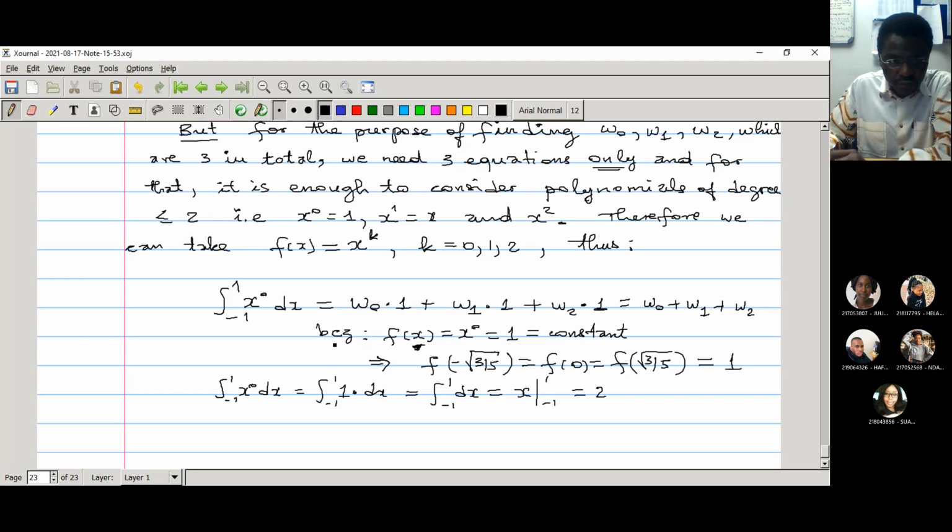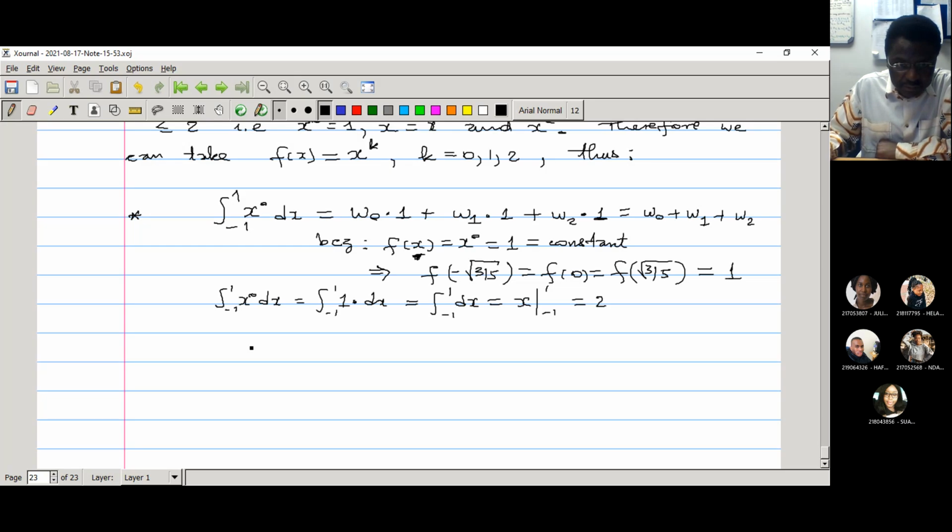Therefore, for this first case, we obtain this system: W0 plus W1 plus W2 is equal to that integral, which is 2.